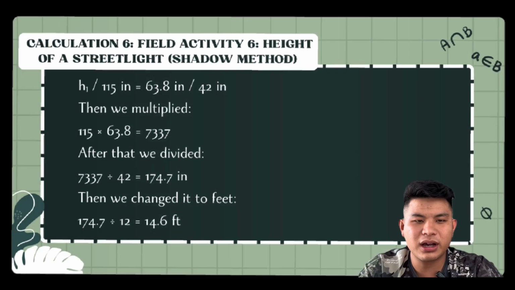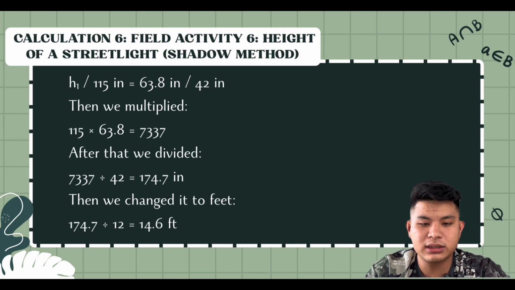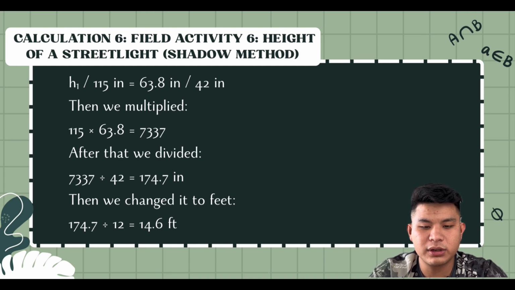For the calculation, we use the ratio, and the data we got is: the street light shadow is 115 inches, the reference object is 63.8 inches, and Raja's shadow is 42 inches.